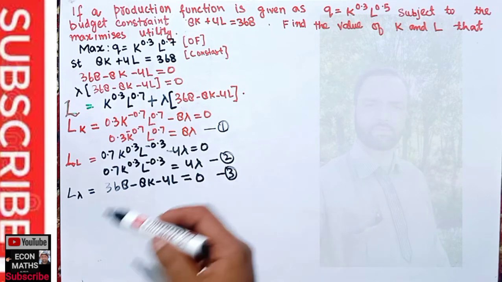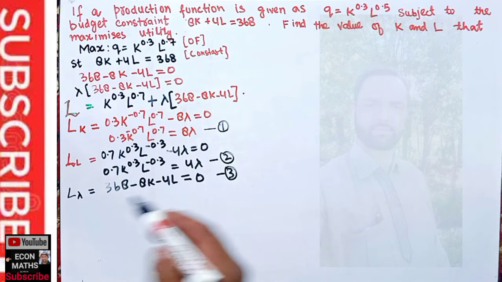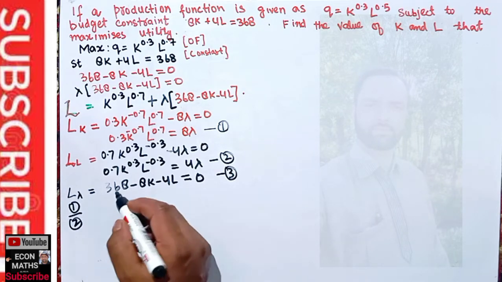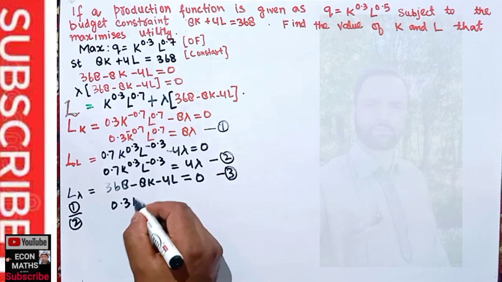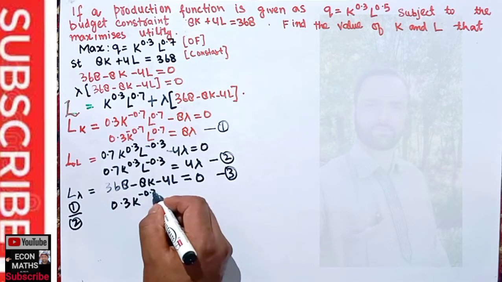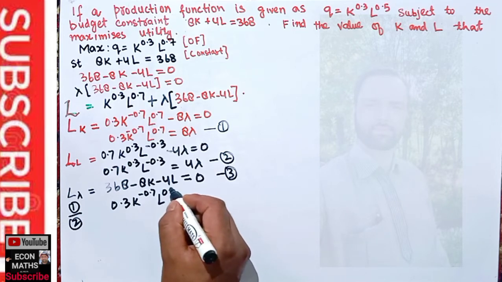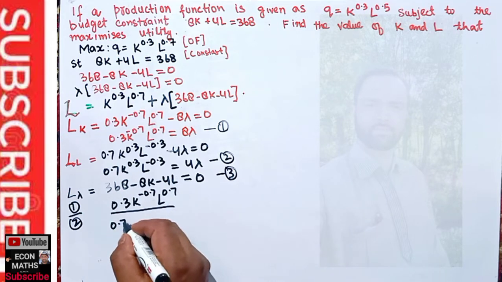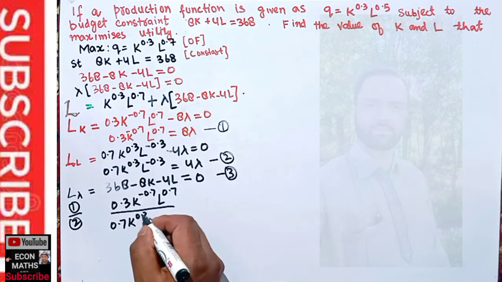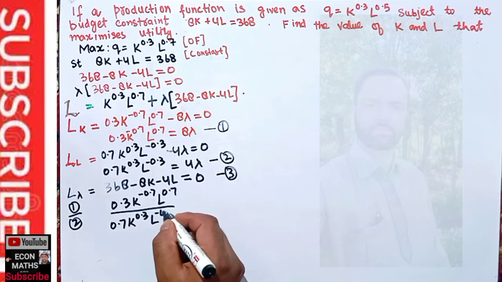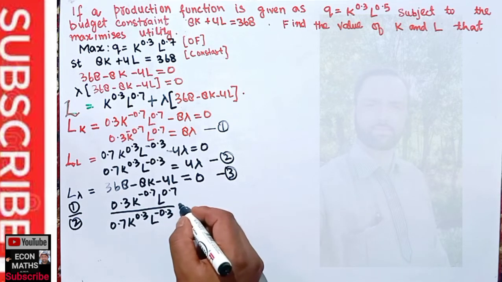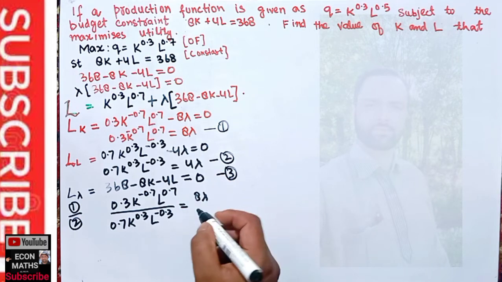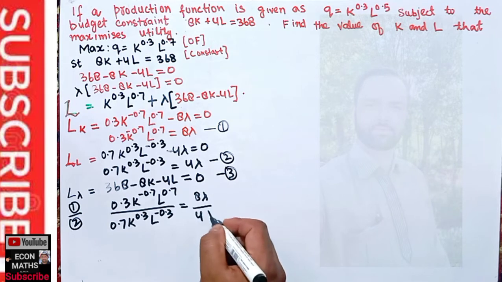Okay, what will we do? We will divide equation first by equation second. That means equation first divided by equation second gives us 0.3 K to the power minus 0.7 L to the power 0.7, divided by equation second, that is 0.7 K to the power 0.3 L to the power minus 0.3, is equal to 8 lambda divided by 4 lambda.